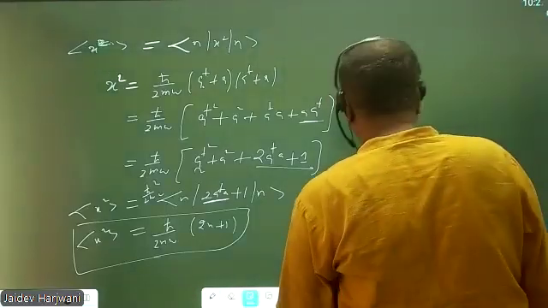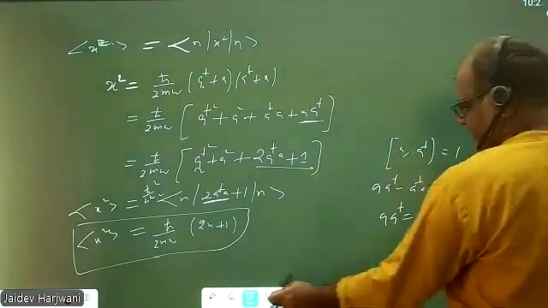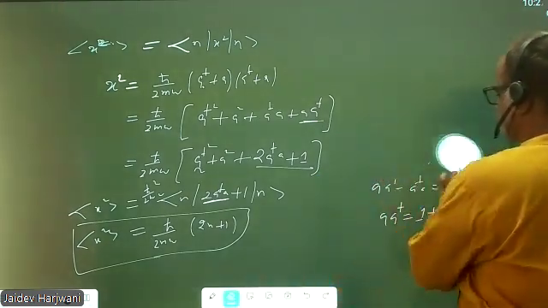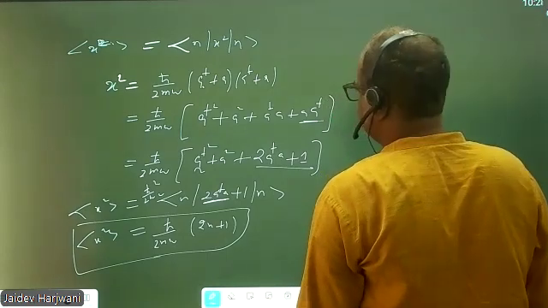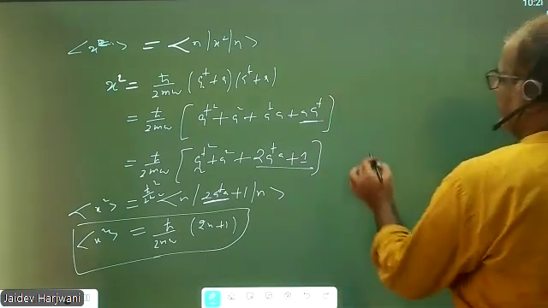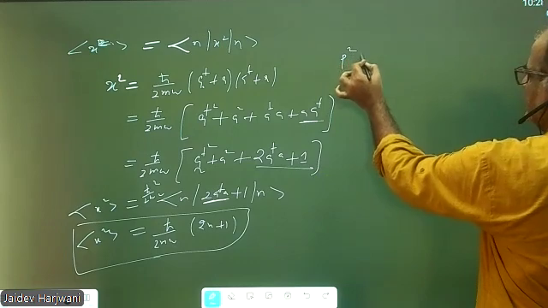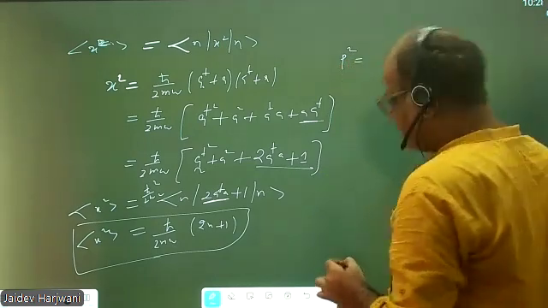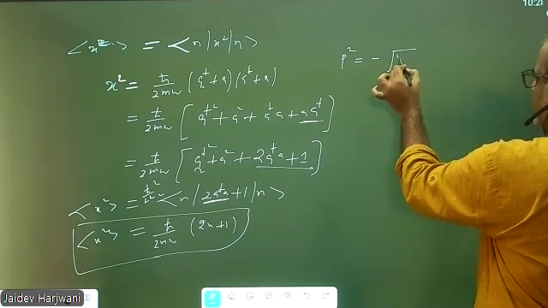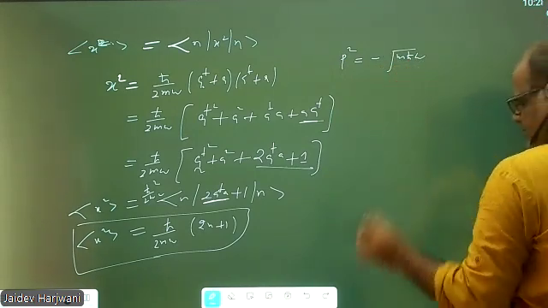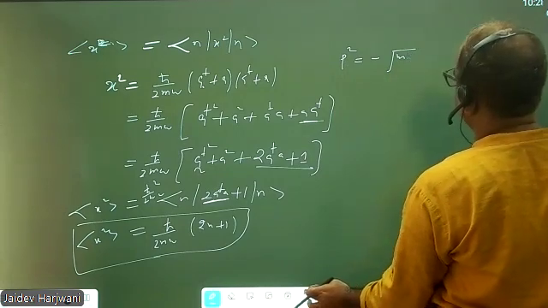Similarly, you can do it for p square also. If you do it for p square, we can write p square as minus m h cut omega upon 2, and the root will be cancelled.